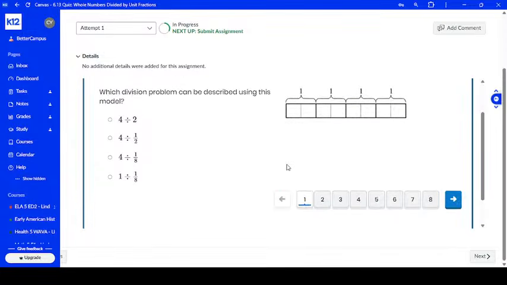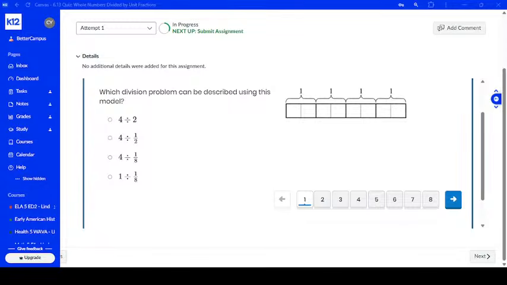Which division problem can be described using this model? Is it A, 4 divided by 2, B, 4 divided by 1/2, C, 4 divided by 1/8, or D, 1 divided by 1/8?